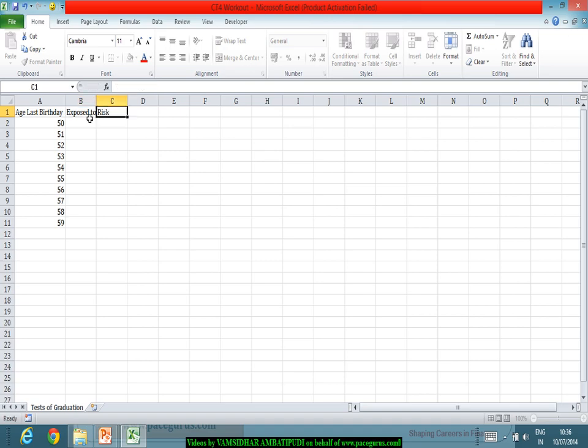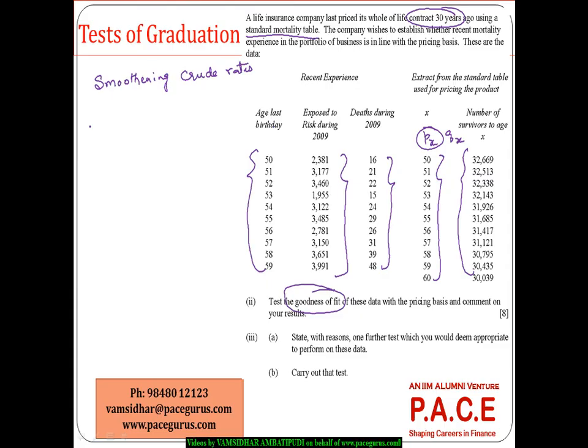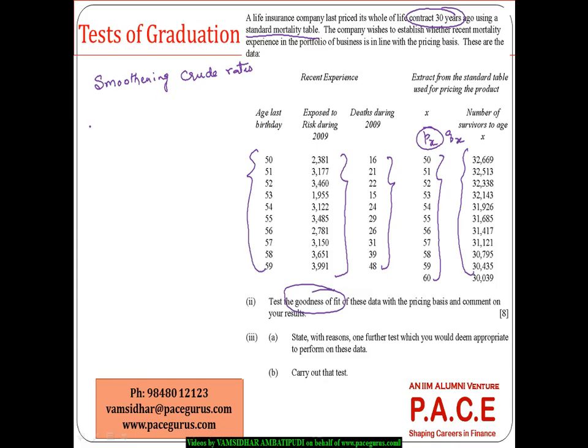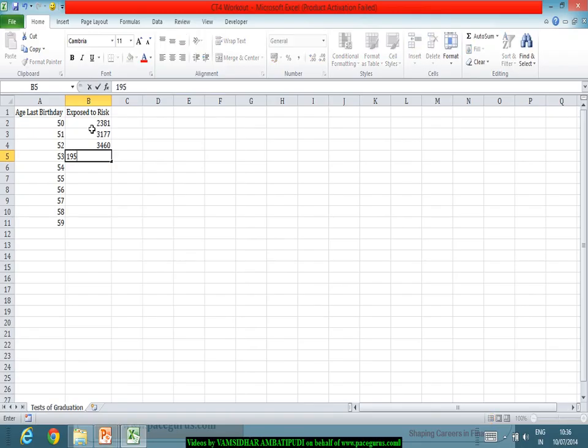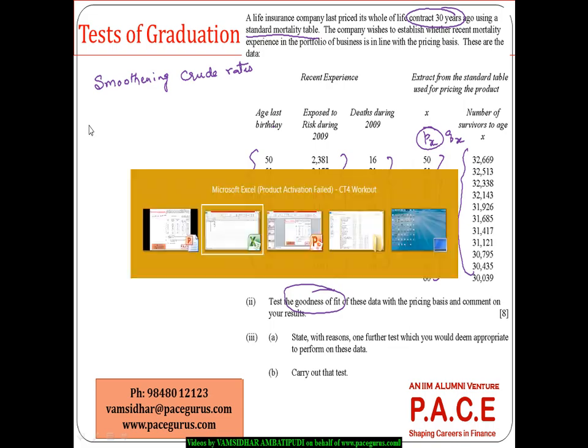So I'm looking at the exposed to risk during a particular period. These are the numbers: 2381, 3177, 3460, 1955, 3122. I'm just entering the numbers, and then we'll discuss the things.